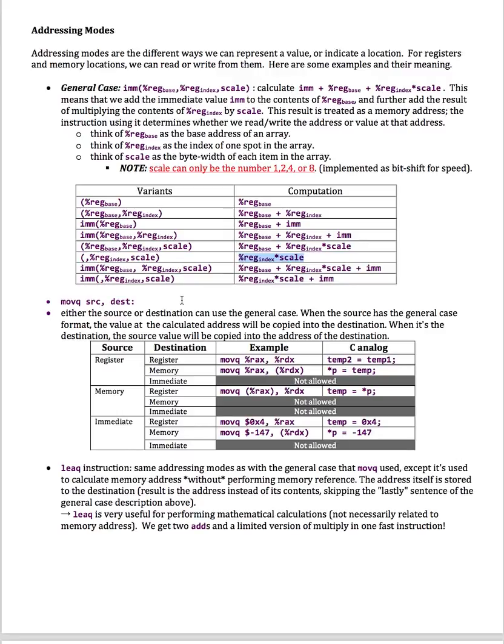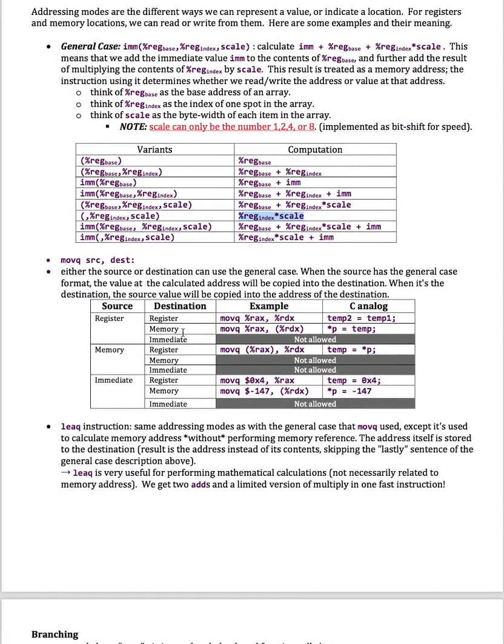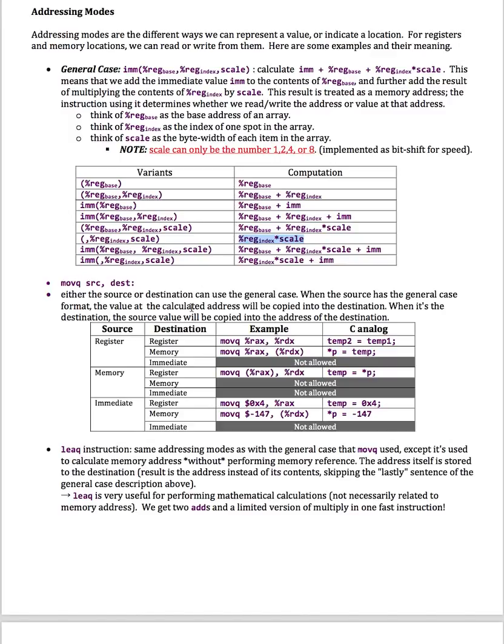This addressing mode is used in the important instructions of mov and lea. The difference between mov and lea is that mov actually dereferences the memory address expressed in addressing mode, whereas lea does not do dereferencing.